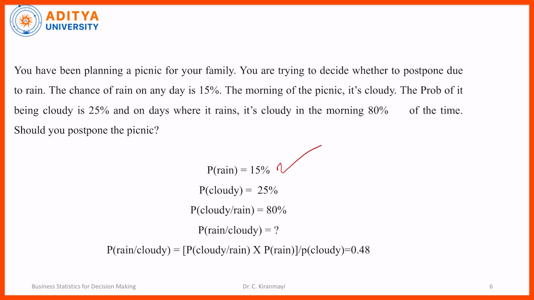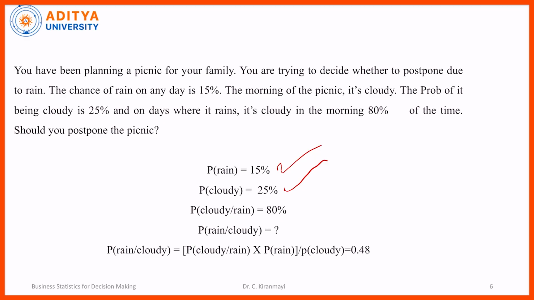We are also given that the chance of a day being a cloudy day is 25%. That is, if we consider a day randomly, there is a 25% chance that it is a cloudy day, and 15% means there is a 15% chance that a day could be a rainy day.